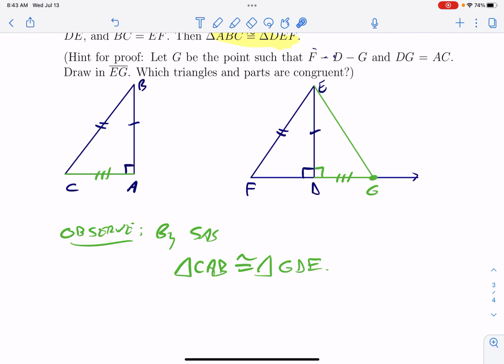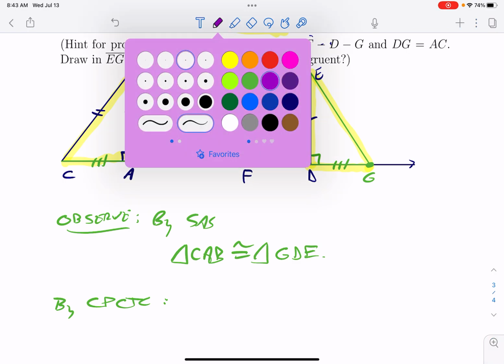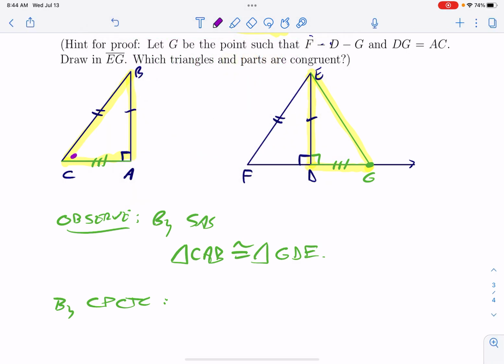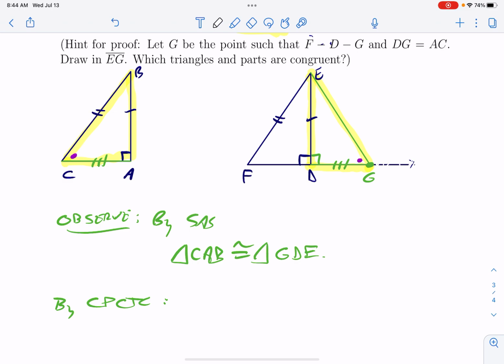Okay, so now we'll use CPCTC. We know a couple of things. We're just focusing on these two triangles right now. The triangles that I'm highlighting in yellow are definitely congruent. So by CPCTC, we know, for example, that angle C is congruent to angle G. Let's just hide this so that angle G is obvious what we mean.